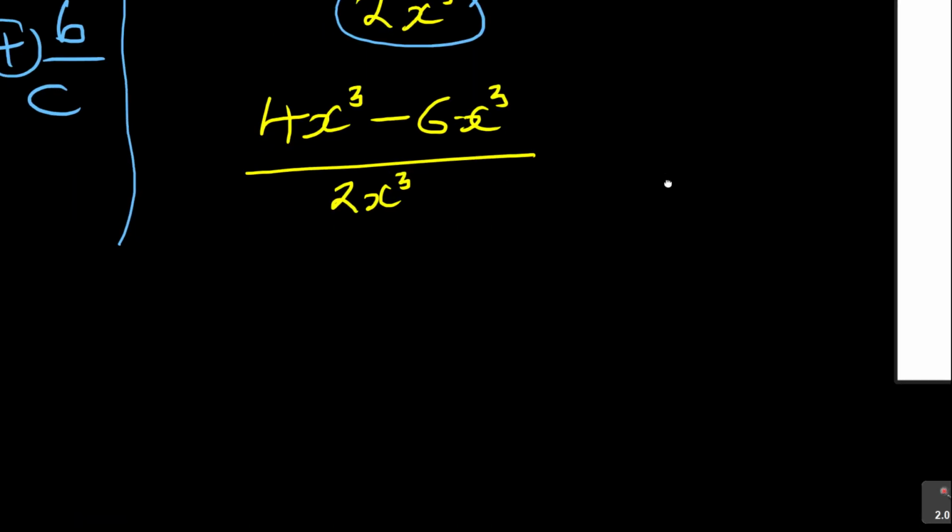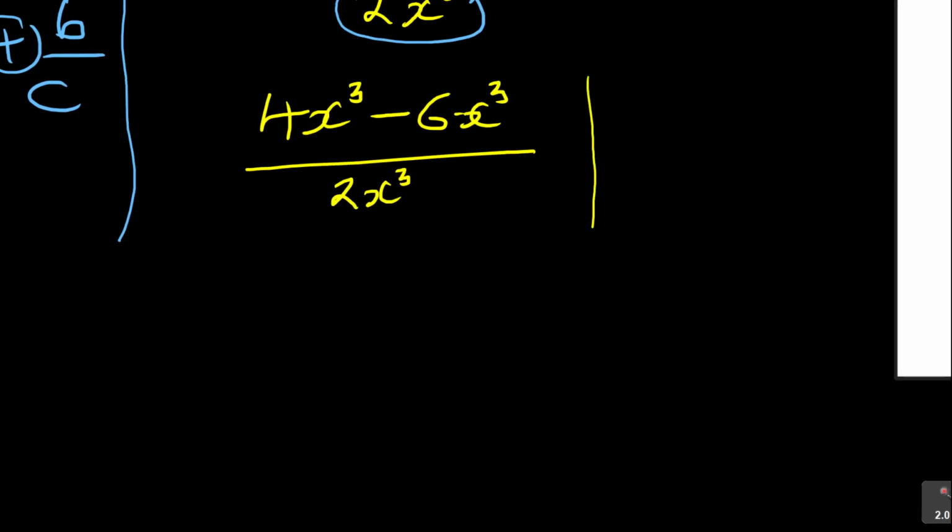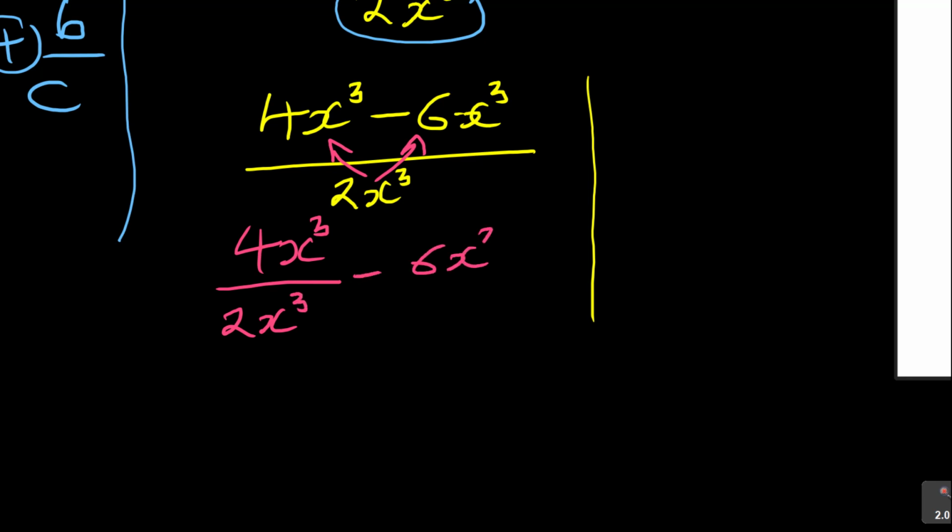Alright, I see now the approach is a bit different, but I'll approach it in 2 ways. I told you this affects each one. So I will have method 1 for x cubed over 2x cubed, just to maintain that method, minus 6x cubed over 2x cubed. This is still fine, right?